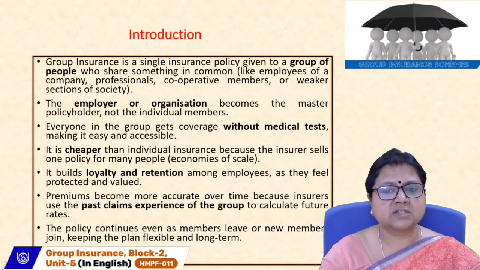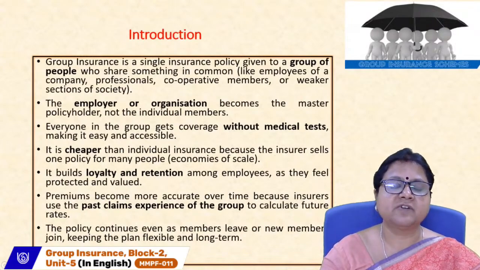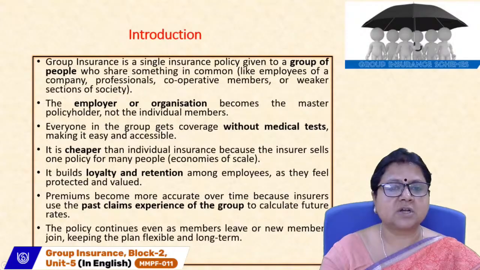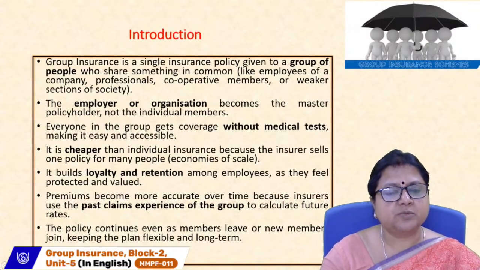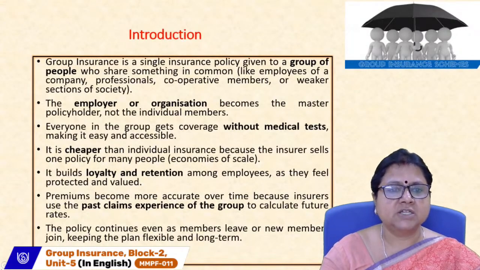Now here, the individual person is not the policy holder. As we had already discussed about the LIC policy, in case of LIC life insurance policy, the individual person was the policy holder. But here, in case of a group insurance, the employer or the organization is the policy holder, not the individual members of the group.